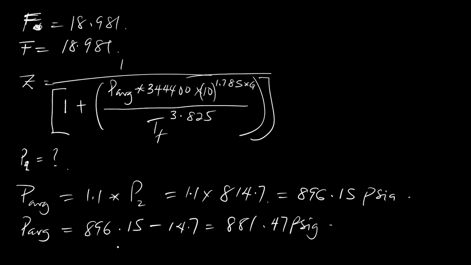So now we're going to make use of this to calculate our compressibility factor. We now know the fluid temperature to be 520 degrees Rankine, sorry, 520 degrees Rankine, and in this formula the average gas pressure should be in Rankine.